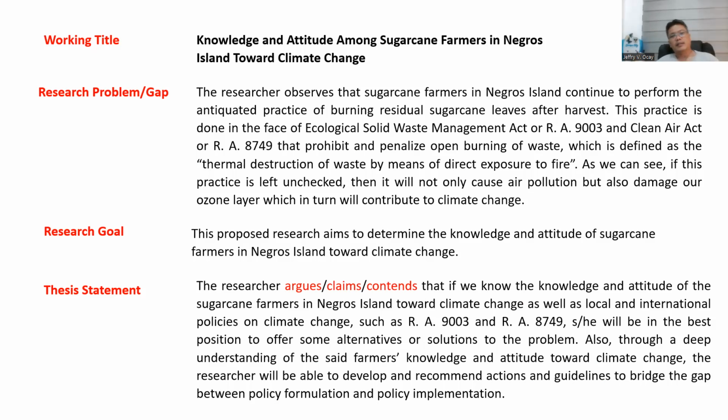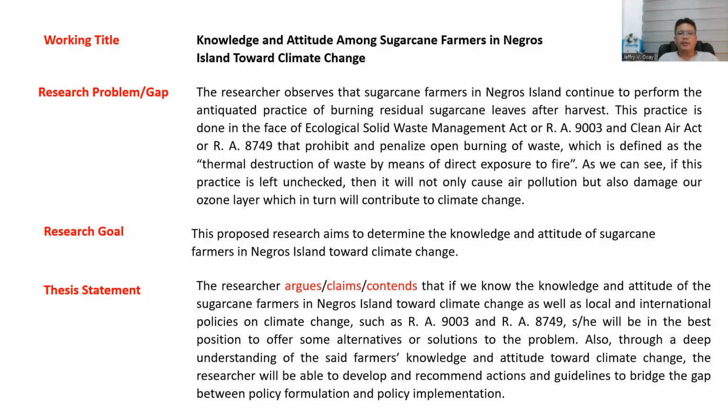So here we can clearly see the research gap or the research problem. And since we have already the research gap, then we can now develop the research goal. The research aim reads: this proposed research aims to determine the knowledge and attitude of sugarcane farmers in Negros Island toward climate change.